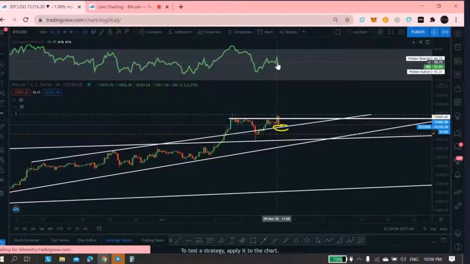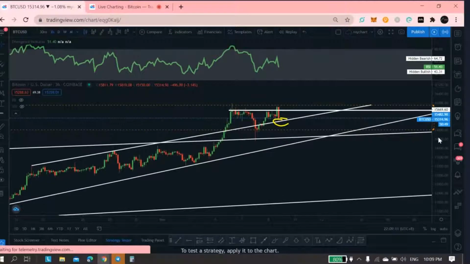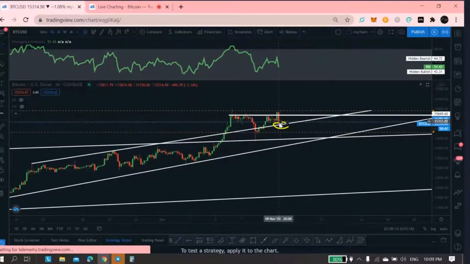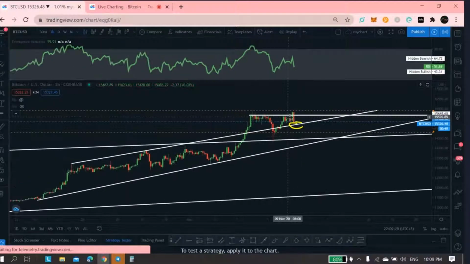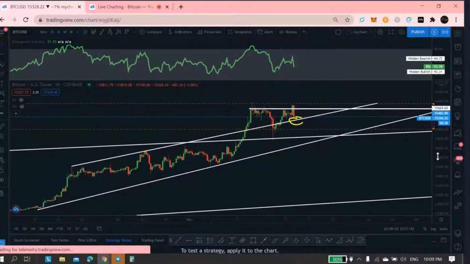So it went as high as 66.48, which is above the hidden bearish. That's why they dump. So let's just wait for it to subside or at least consolidate at this area.